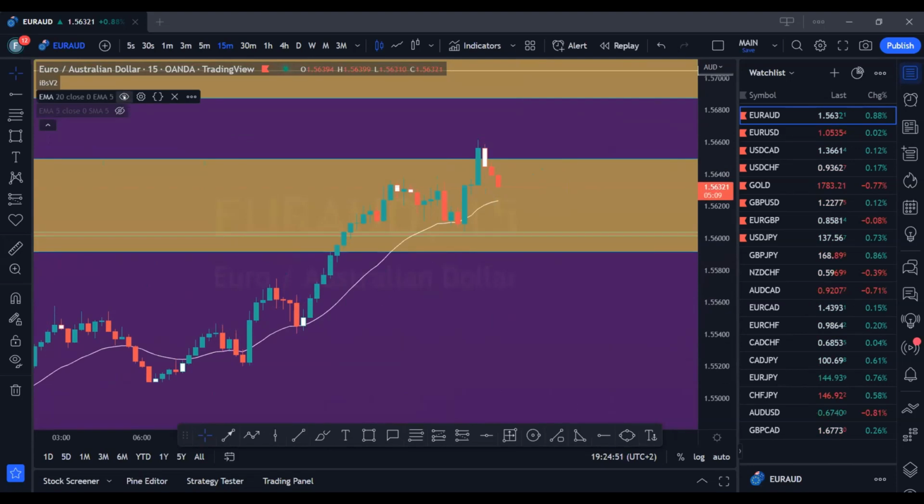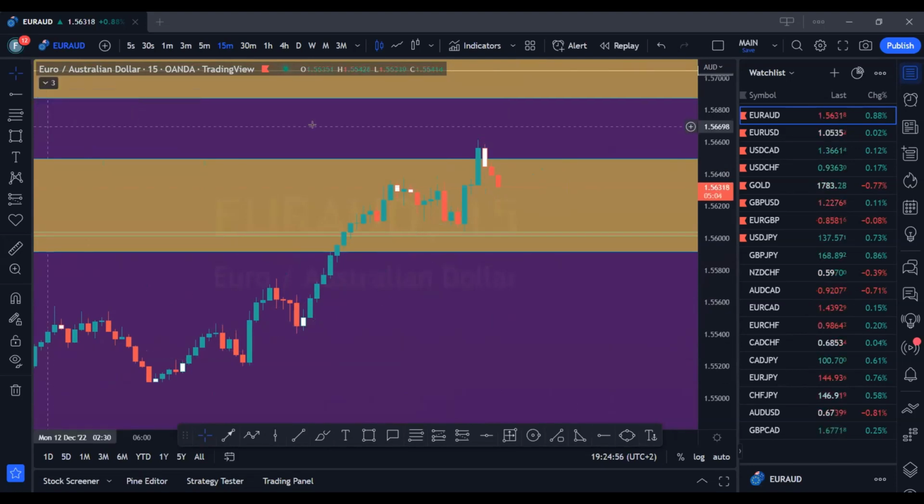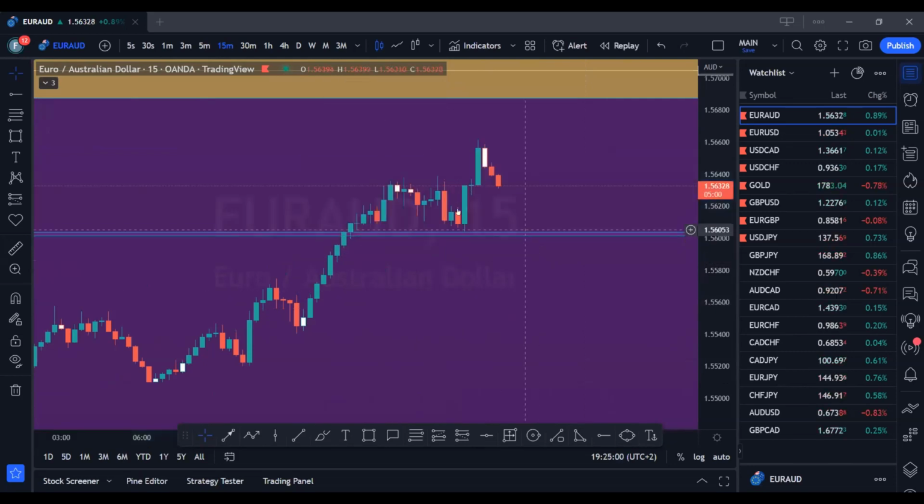Let me do something good. So this is what I think is going to happen if this move is real. Now, what's going to happen is we can look at this like so, okay? If you are into chart patterns, reversal patterns, right? This is a possible M pattern or head and shoulders pattern about to form, right?